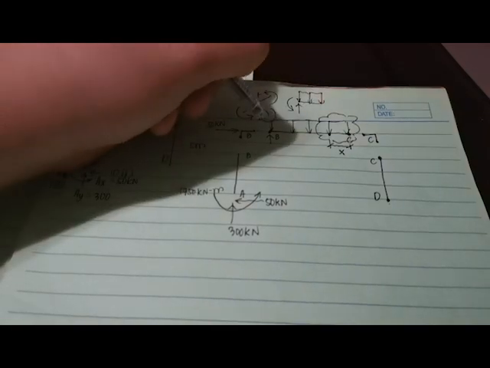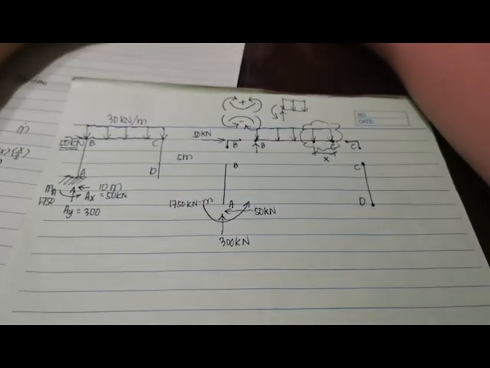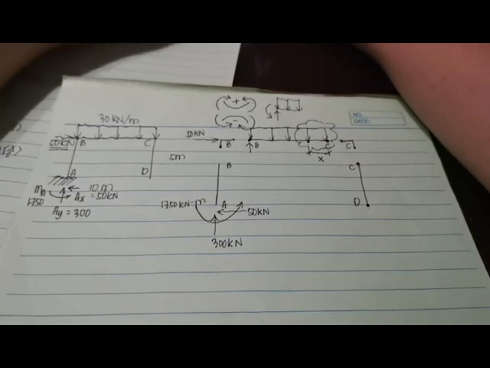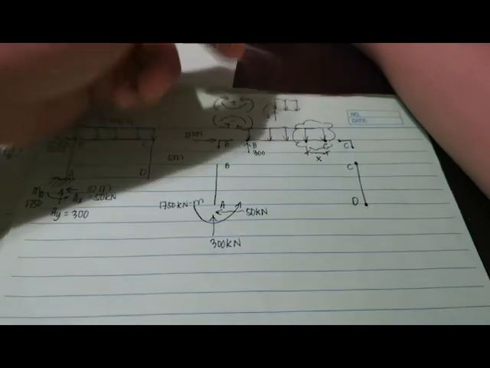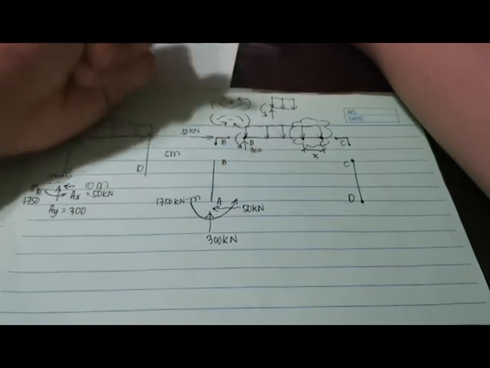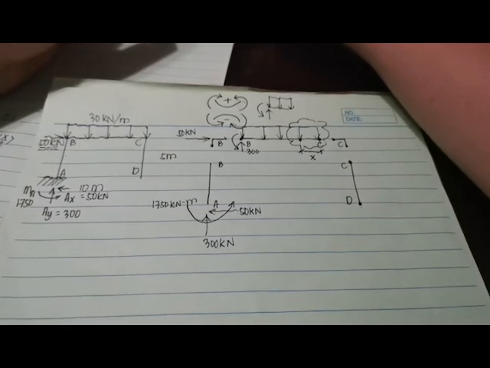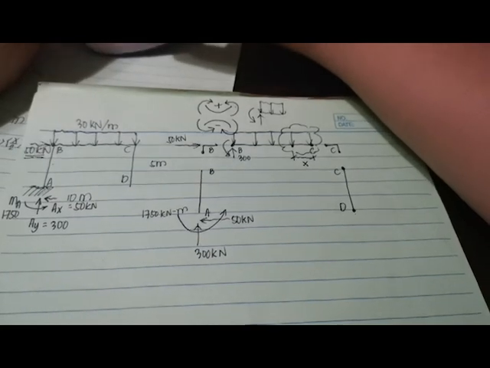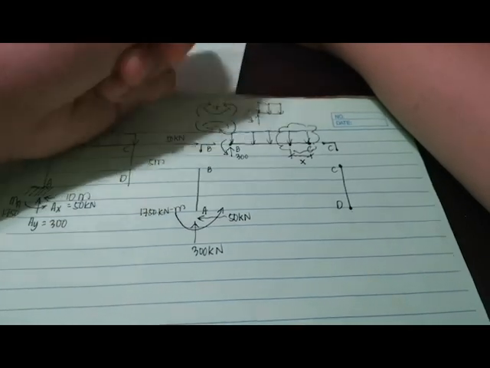Your shear at joint B will now be 30 times 10, which is equal to 300. And your bending moment will now become 30 multiplied by 10 multiplied by 5, which is equal to 1,500.